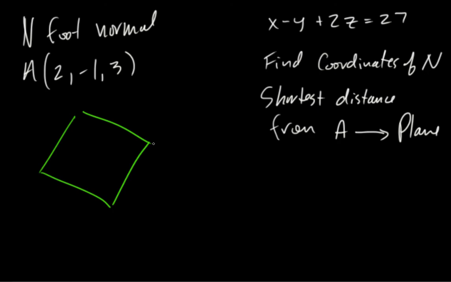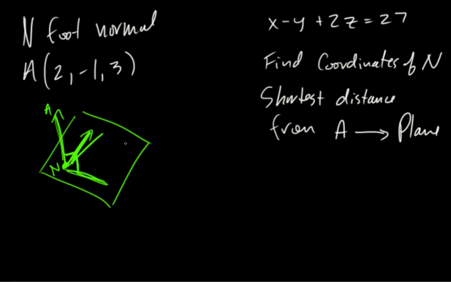Okay, so we have the foot of a normal that goes to A. We also have that this is 90 degrees.